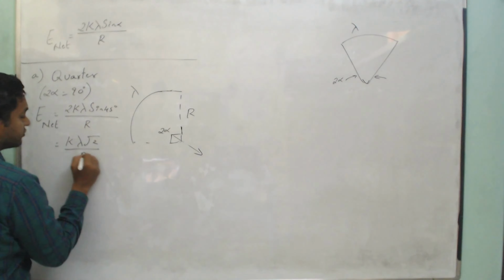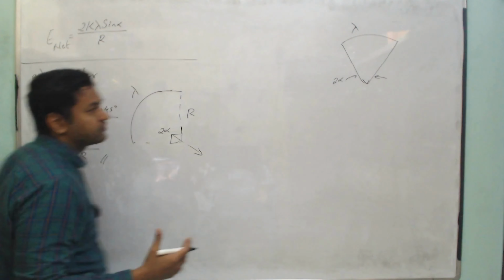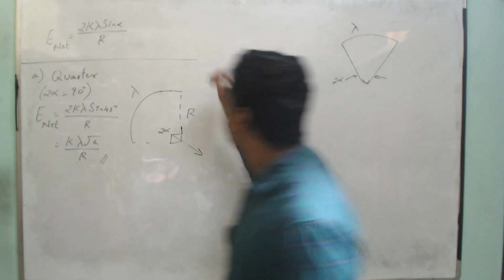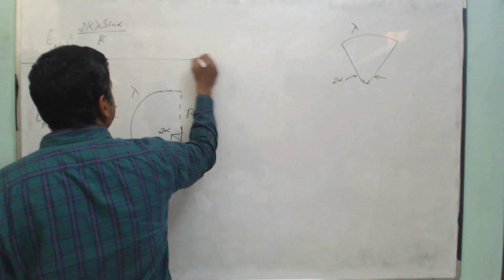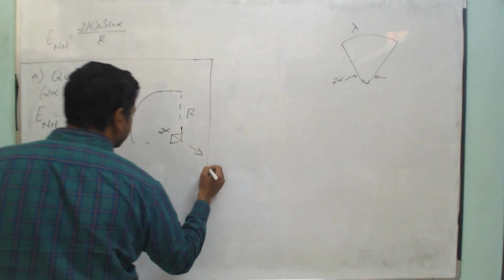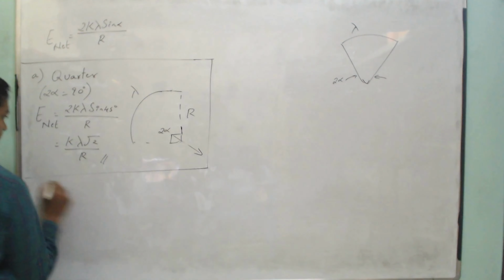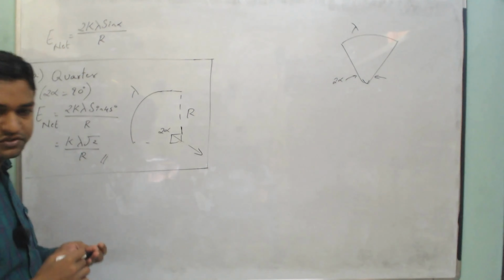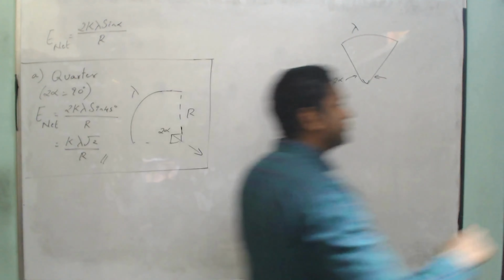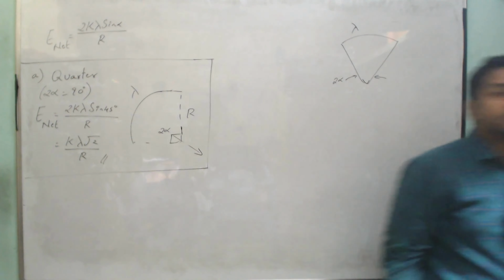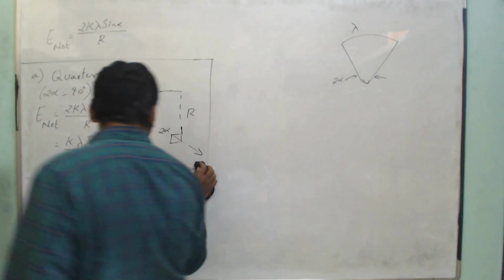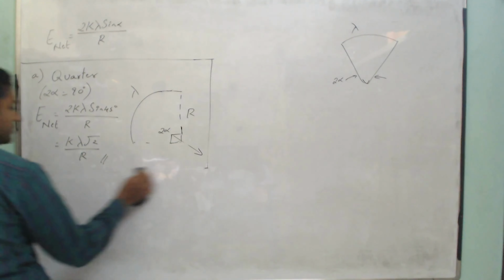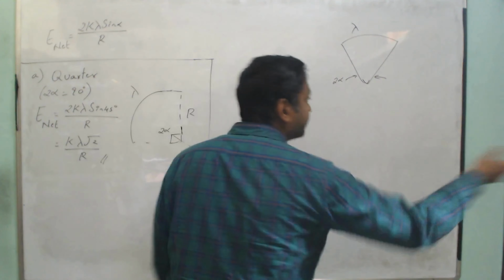So this I have to remember for a quarter of a circle. Now, we can do a semicircle also, because first I will show the application of this quarter of a circle in terms of the semicircle, and then we can go to the 270 degree also.